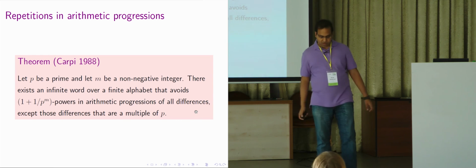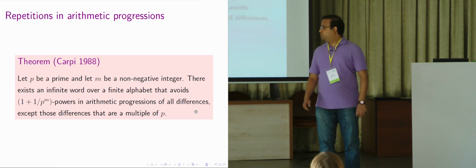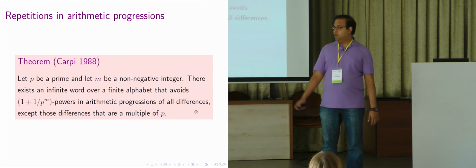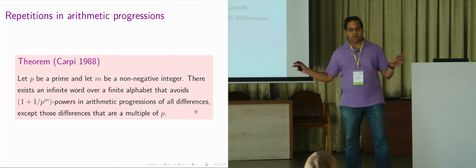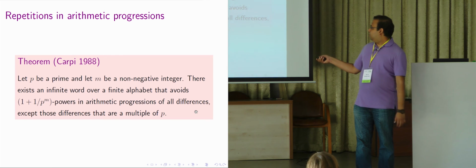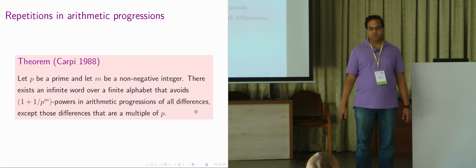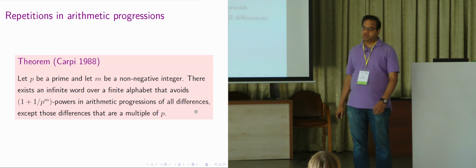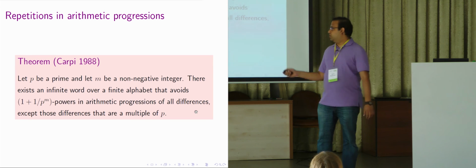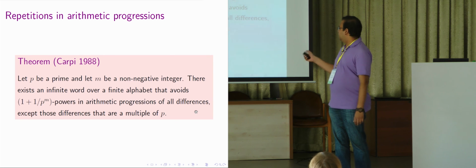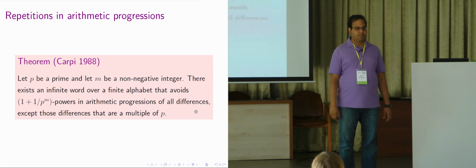The claim in this theorem is that if you choose some prime p and some integer m, it is possible to construct an infinite word that avoids all repetitions of exponent 1 plus 1 over p to the m in all arithmetic subsequences where the difference of the arithmetic progression is not a multiple of p. Right?